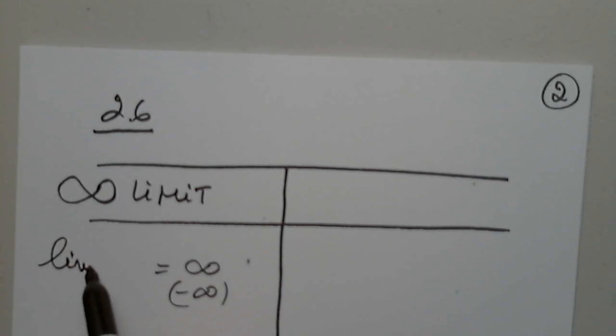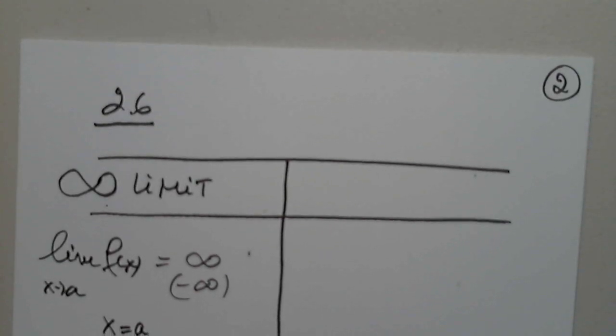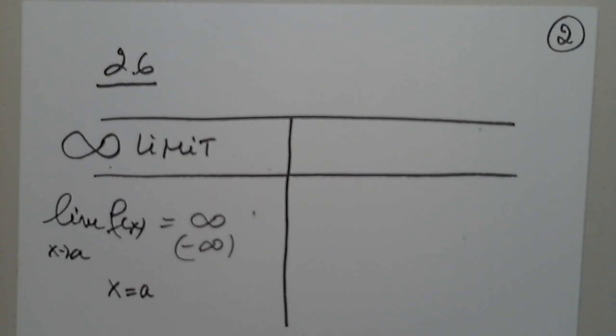So the limit of a function as x approaches a is infinity or negative infinity. If this happens, x equals a will be considered the vertical asymptote.